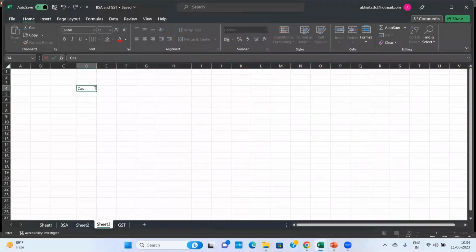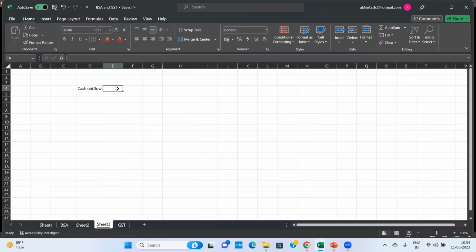So when there is a cash outflow of say 4 lakhs and cash inflow, say year 1, 2, 3, 4, and year 5 is say 85,000 per year.